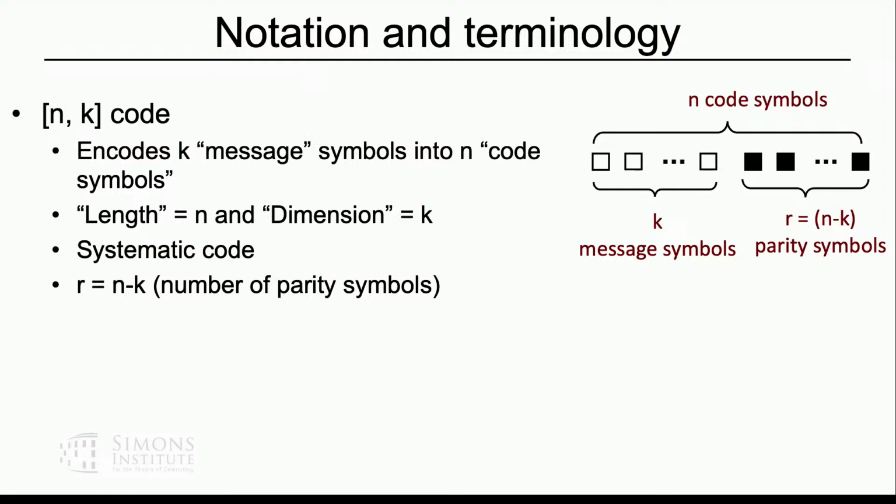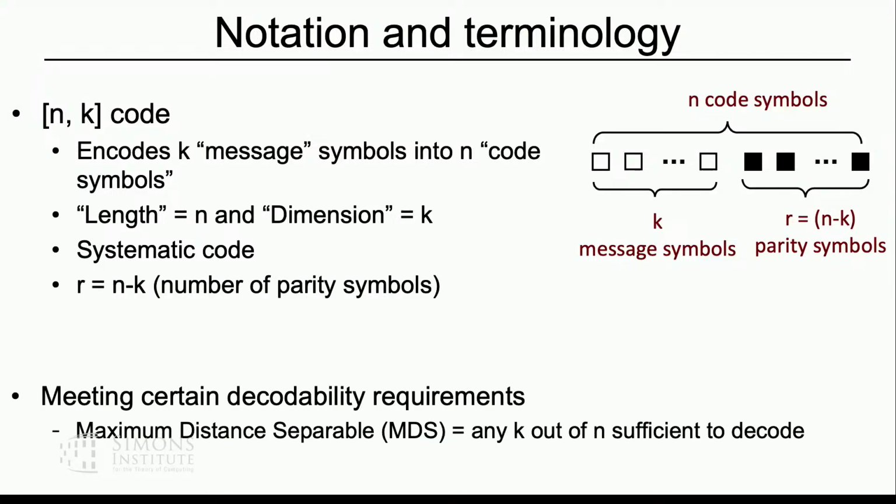So we have k message symbols, and let's use r, which is n minus k, to refer to parity symbols. Most of the results that I'll talk about today apply to general non-systematic codes as well, but almost all codes used in practice are systematic, and it's also much more intuitive to think in terms of systematic codes. So let's keep this picture in mind.